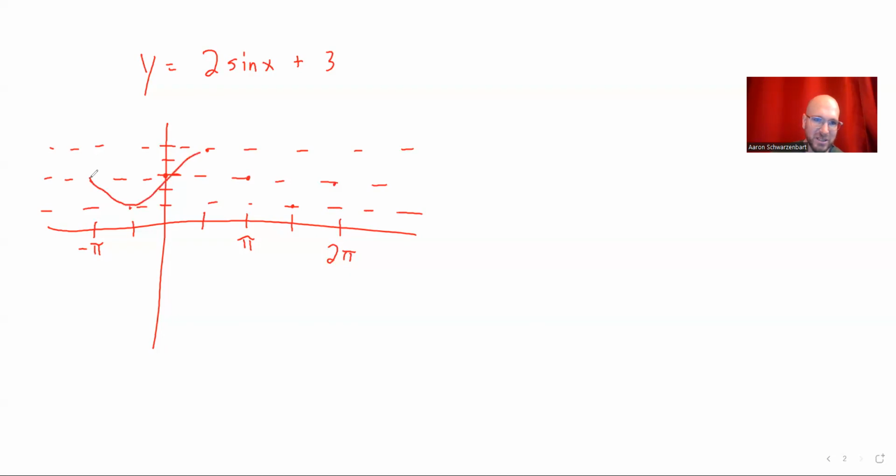You always need to show at least one full period of the graph. It's nice to show more than one. On your worksheets, sometimes you might not like the scaling of the y-axis. Just cross out the labels and relabel them. If you want them to be by ones instead of by halves, cross out the labels, relabel them by ones. Okay, let's do this with the cosine.